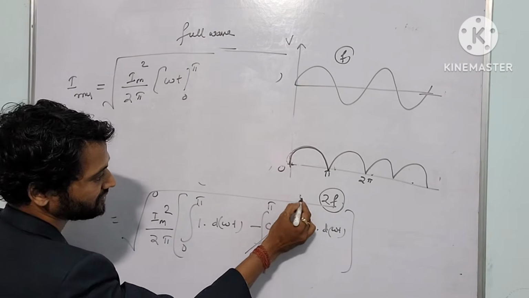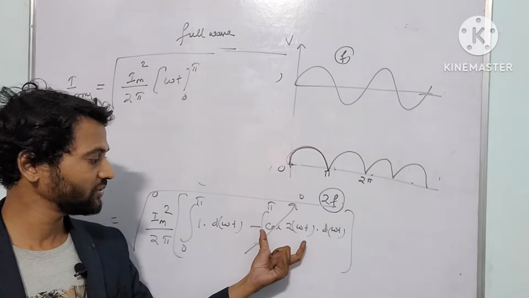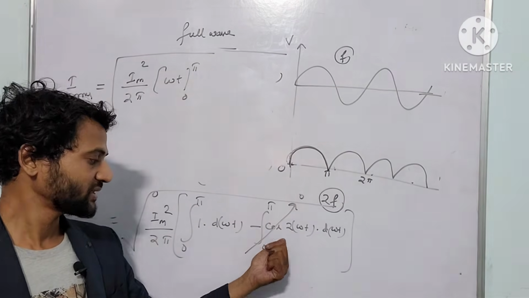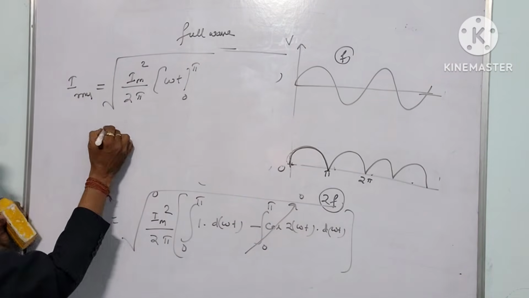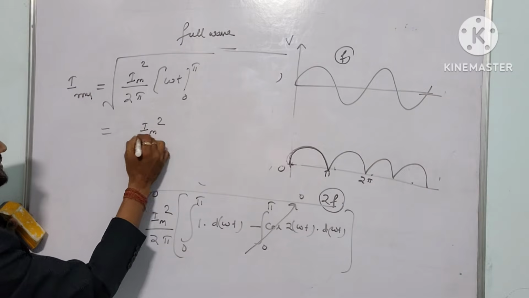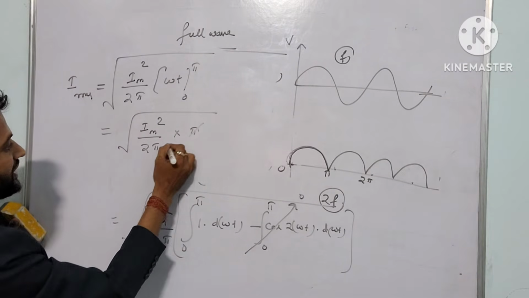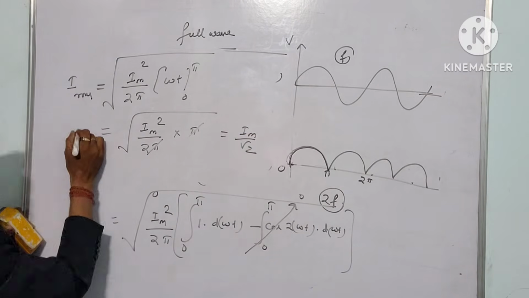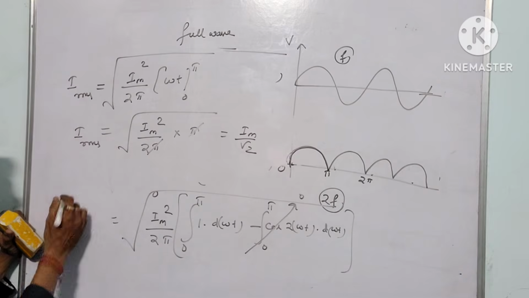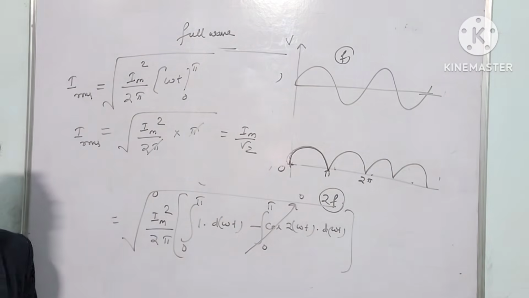And this part will be 0 because the integration of cos 2 omega t is in terms of sin. Sin of 0 is 0, sin of pi is 0, so the entire part will be 0. So here it will be Im square by 2 pi into pi under root, so pi will cancel, so it will be Im by root 2. So the RMS current will be Im by root 2. It is clear?